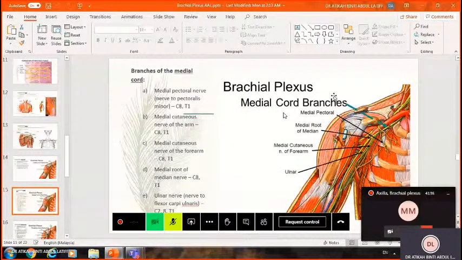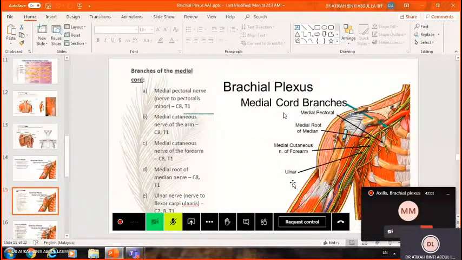Coming from the medial cord, you have 5 branches. Medial pectoral, the medial root of the median nerve, the medial cutaneous nerve of forearm, and the ulnar nerve.